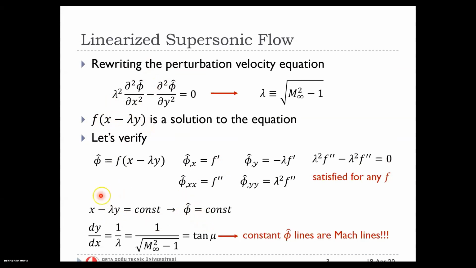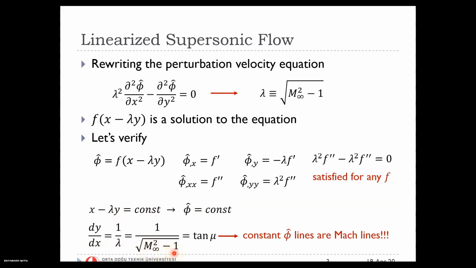So you may want to calculate the slope of these lines, x minus lambda y equals constant, and it turns out to be 1 over lambda, which is equal to 1 over the square root of Mach infinity squared minus 1.